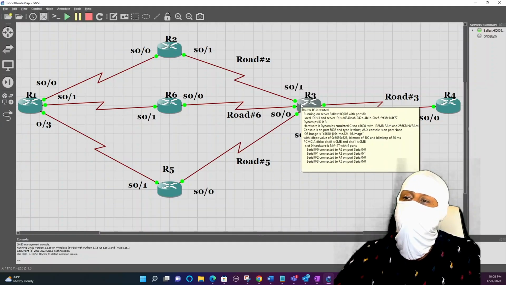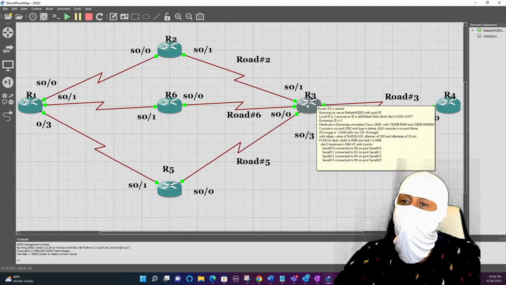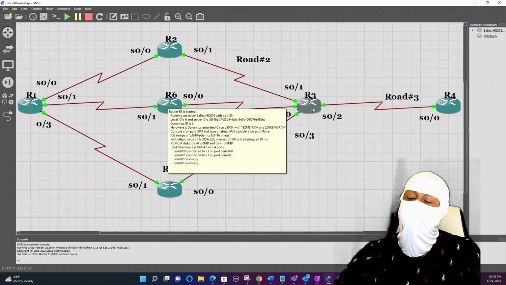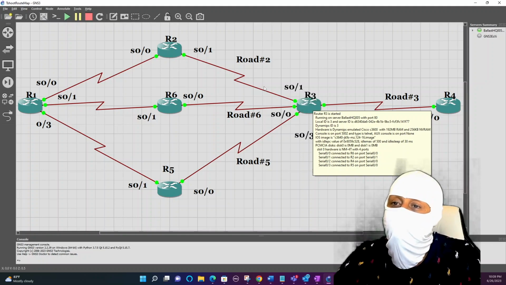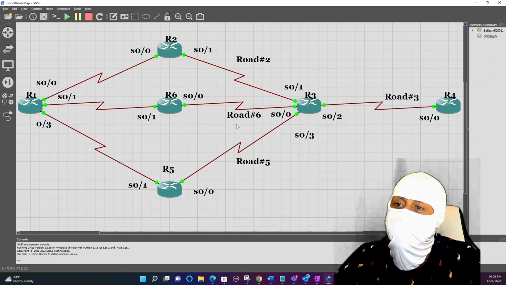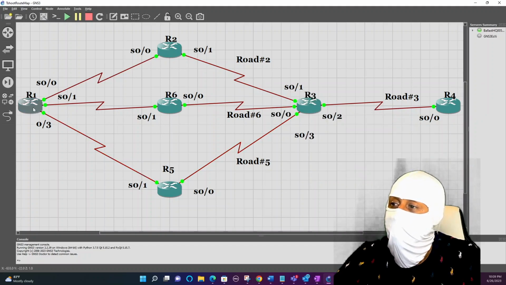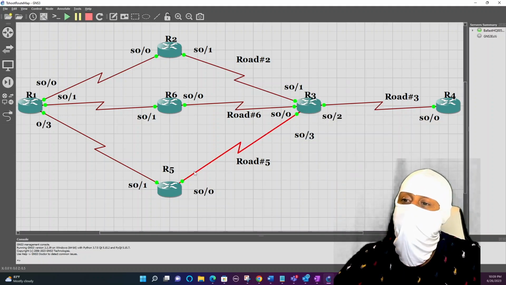We got reported distance all the way through. That's the metric all the way through to the destination network from R3. And then you have your feasible distance, which is from the perspective of the neighboring router that's given you your reported distance. Now let's look at successor and feasible successor. If both of these routes, for whatever reason, get taken out, if this one goes down and this one goes down, we know that this would be the feasible or the most reasonable path down here.